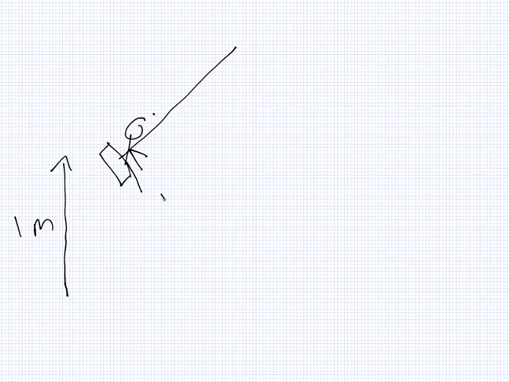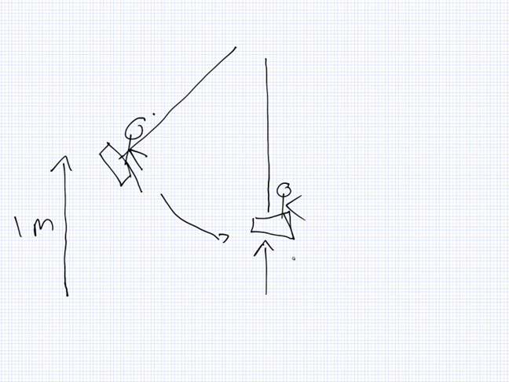And then what happens is he swings down, and then he's down here. 0.1 meters off the ground. Oh yeah, what was mass? Is 51 kilograms.